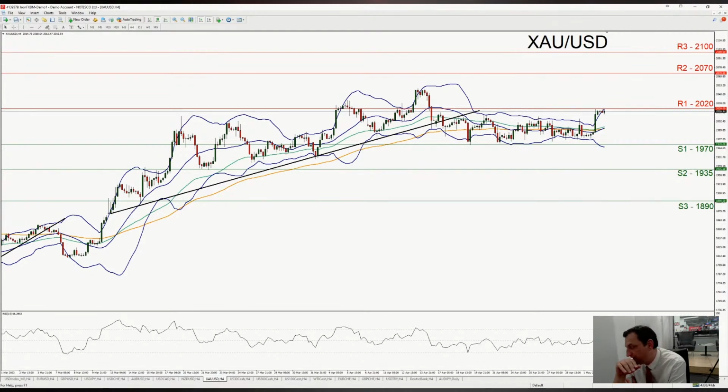In that case, we may see the pair dropping below the 1970 support line, which would start paving the way for the 1935. We're talking about a channel as wide as around $50 here, which is going to be a very, very interesting movement.